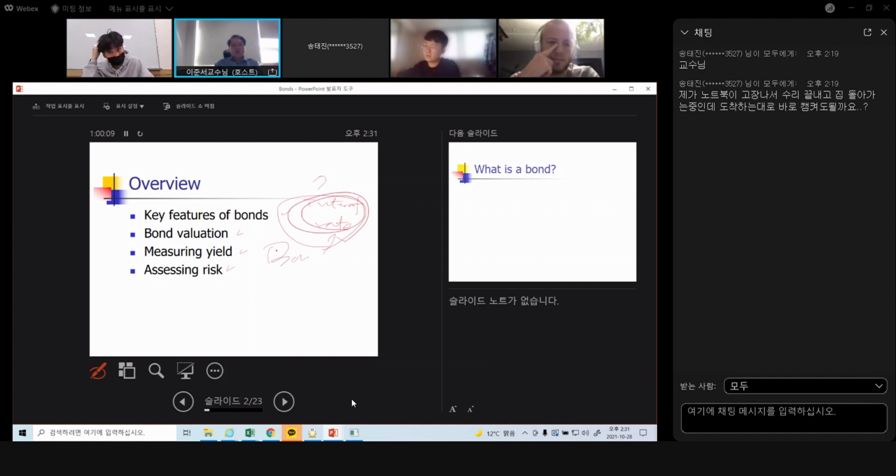But if we dig more, bonds are very complicated. It's a very mathematics-oriented chapter. We have a fixed income securities course, where during one semester we study just bonds, the whole semester.